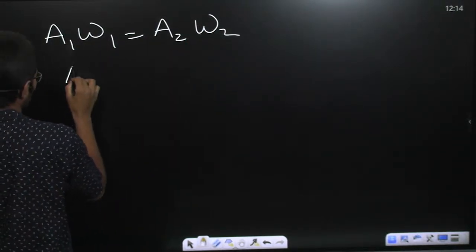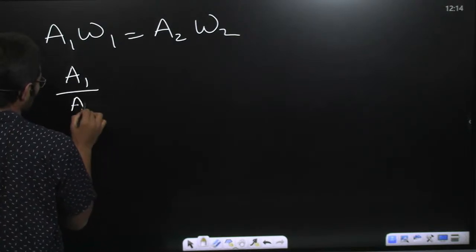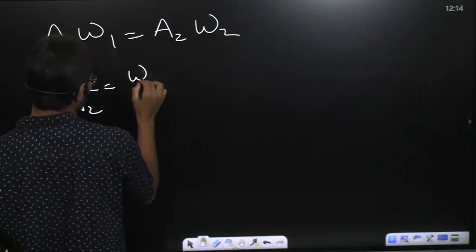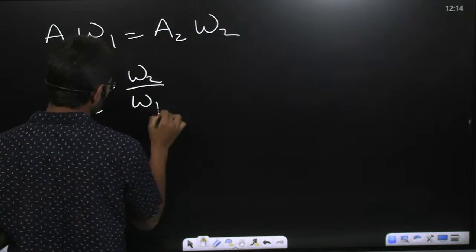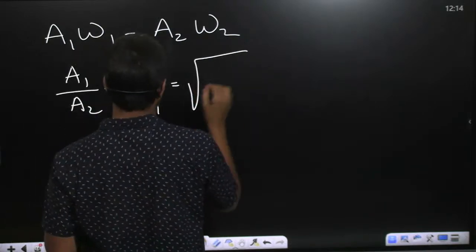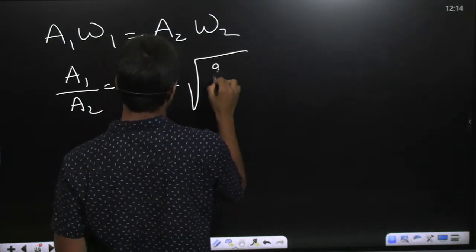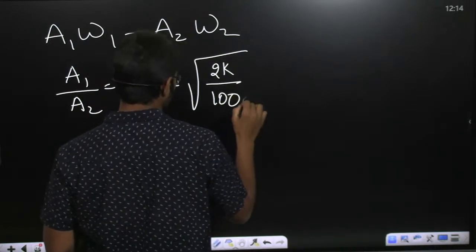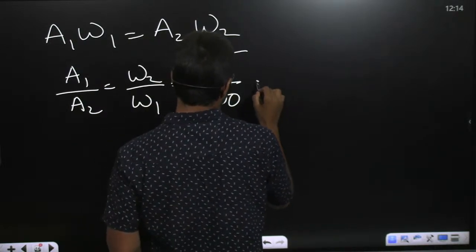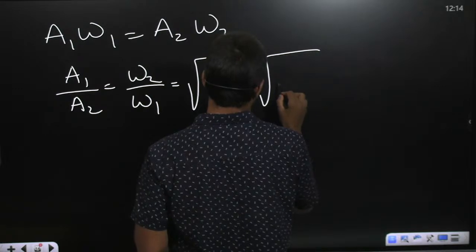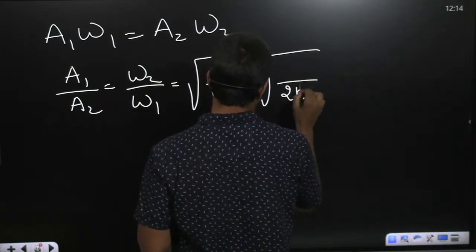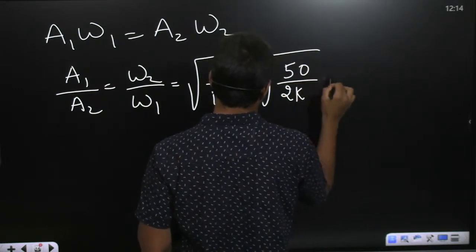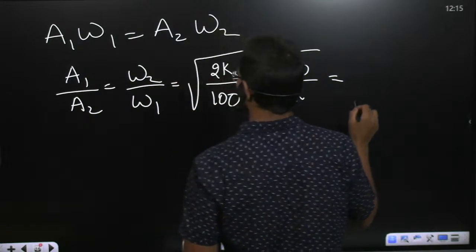The ratio of their amplitudes is being asked. A1 by A2 is equal to omega 2 by omega 1. So under root, what is omega 2? 2k by 100, right? What is omega 1? Under root 2k by 50.